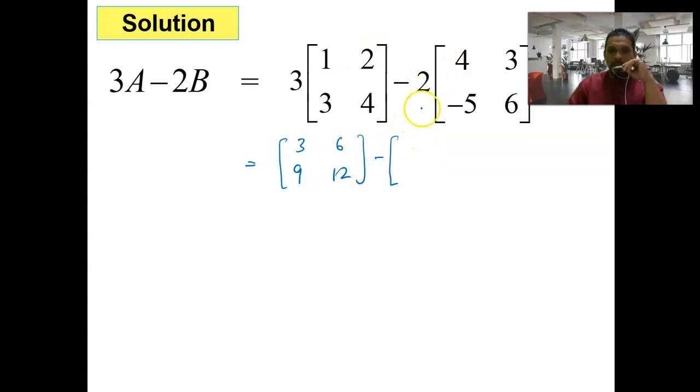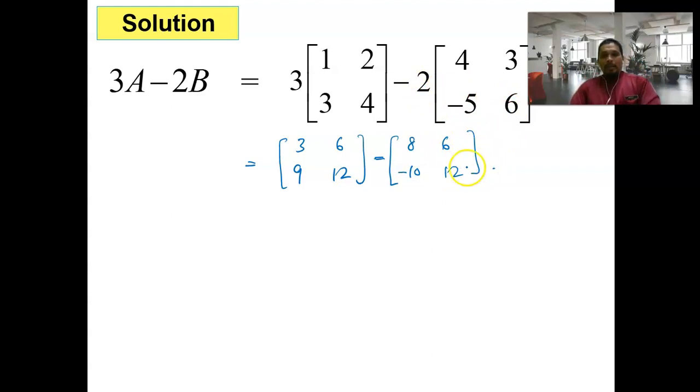Minus 2 times 4 equal to 8, 2 times 3 equal to 6, and 2 times negative 5, negative 10, and 2 times 6 equal to 12. Because we have minus here, leave it outside.